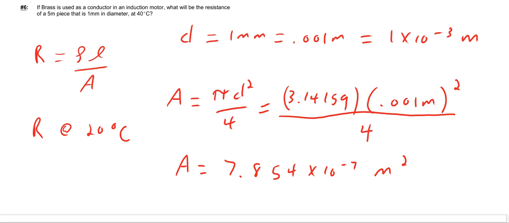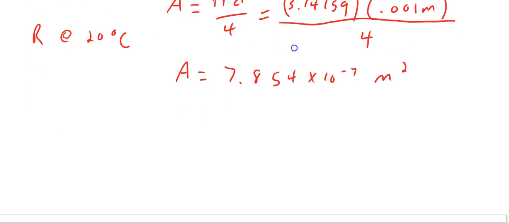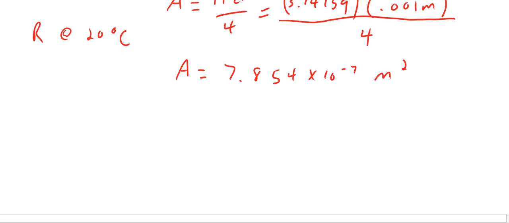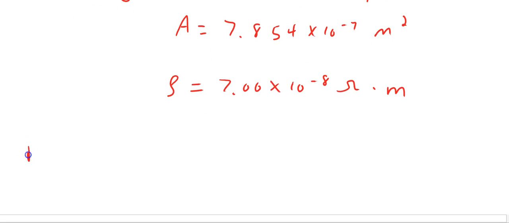Now, we must go to the table of materials and find that the resistivity of brass is 7.00 times 10 to the negative 8 ohms times meters. We can put those numbers now into the resistance formula.